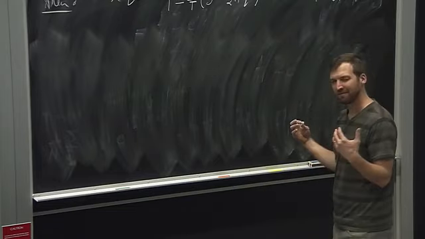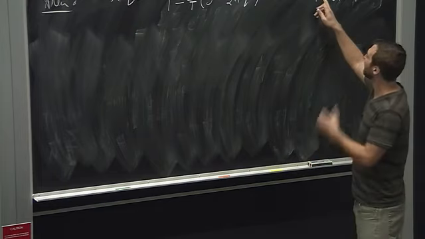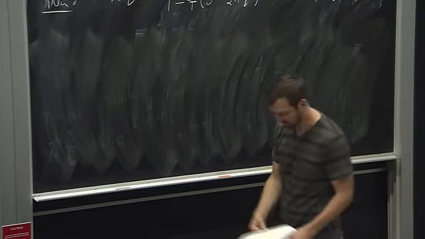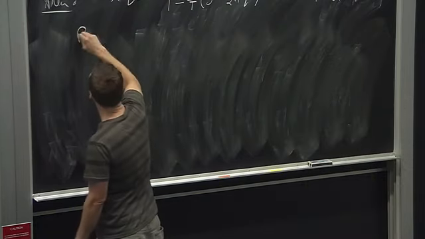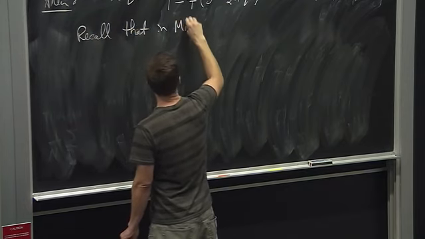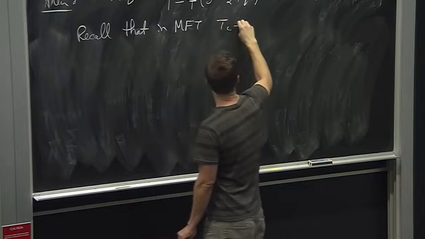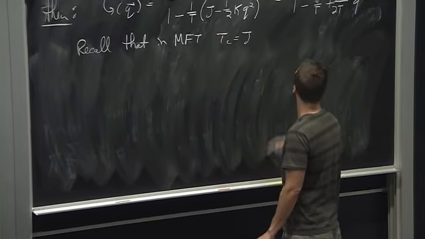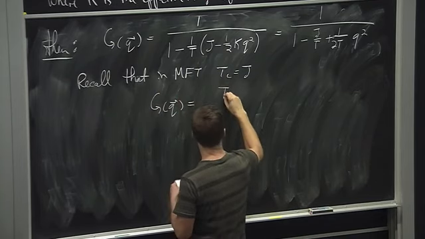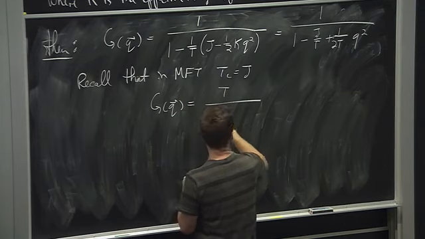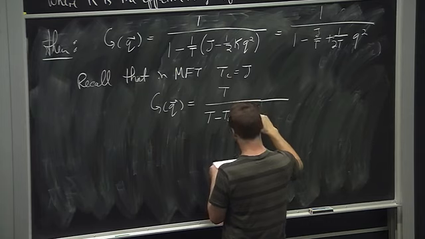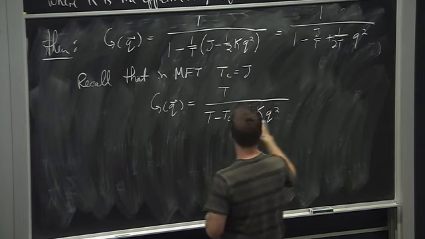I'm in the mean field, so I can use the fact that J is equal to T_C here, right? That's only valid for the mean field approximation. T_C equals J. So let me pull a T out. Then we're going to have T minus T_C plus 1/2 kappa q squared.